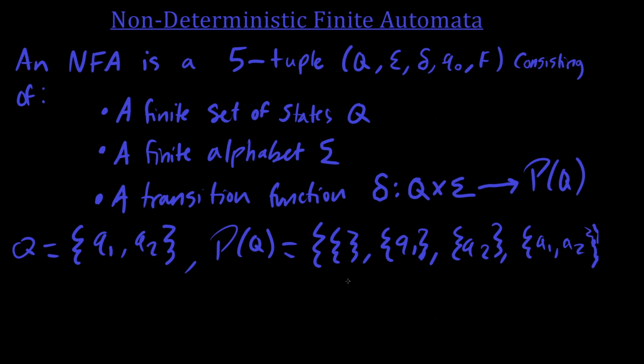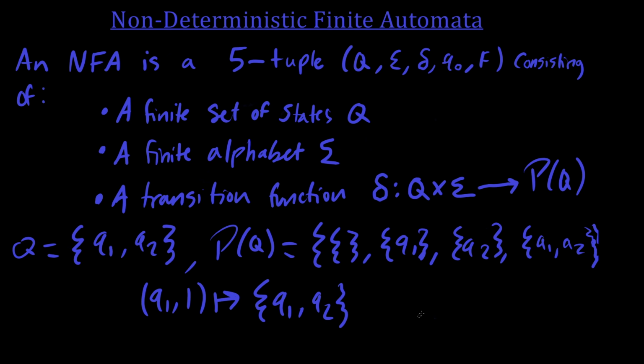So imagine we want to have a transition from Q1 to Q1 and Q2 on the character 1, which is something we can only do in an NFA. Well, in order to represent this, we can map the ordered pair (Q1, 1) to one of these sets in here. So if we want to map Q1 and the character 1 to both the state Q1 and Q2, we're going to map it to the set {Q1, Q2}.